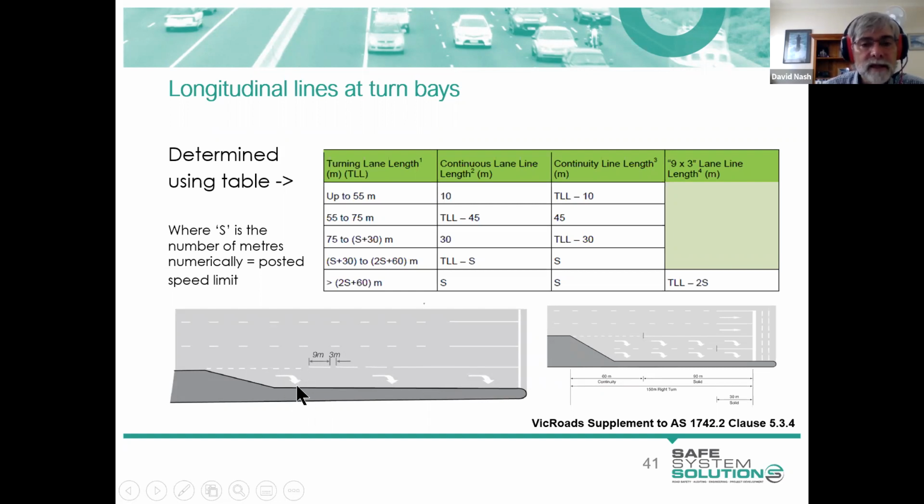The reason for that is you want the first arrow that the driver is likely to see as far upstream as you can get it, in order to give drivers a good chance to actually see what the lane designation is for that lane.